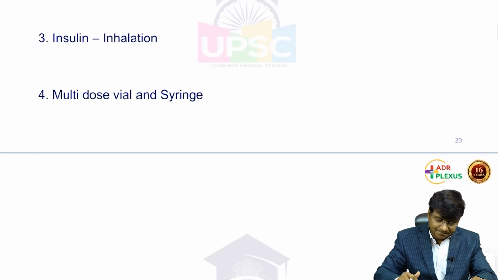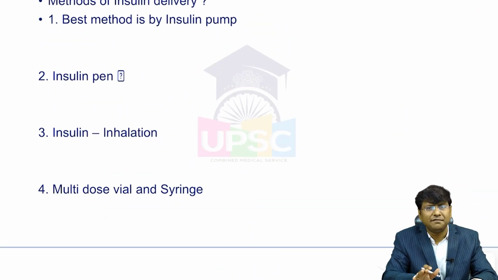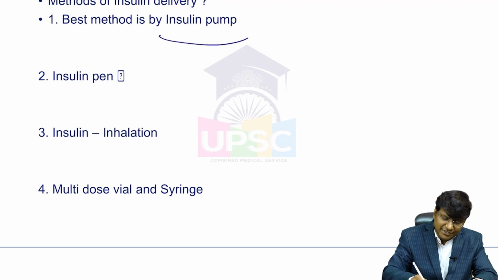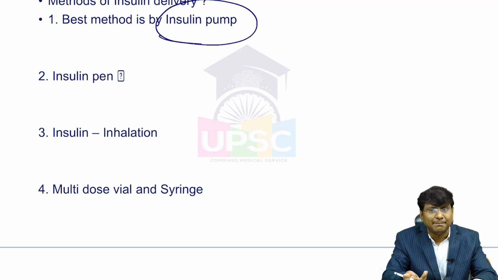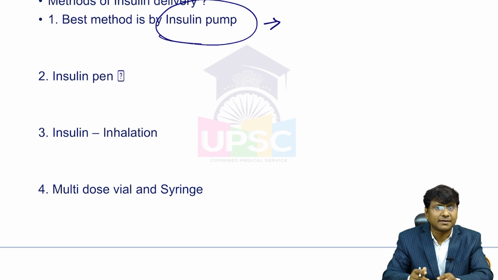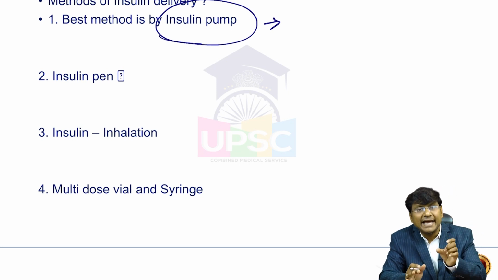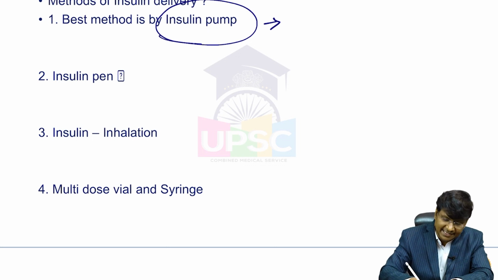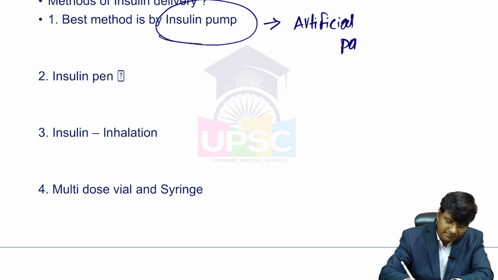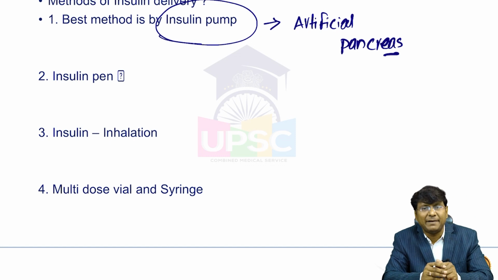And if you take the various modes of insulin delivery, the best method is the insulin pump. This insulin pump is a microprocessor device, and it acts as an artificial pancreas.